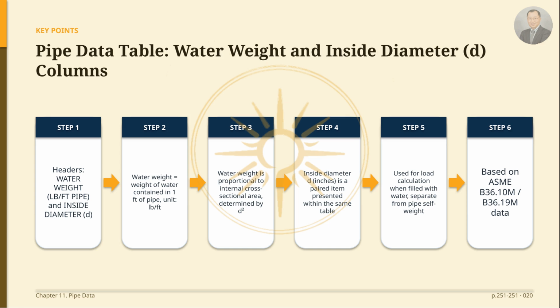Within the same table, the inside diameter d is presented in inches as a pair with this water weight. Water weight is separate from the pipe's own dead weight and is used to calculate the load when the pipe is completely filled with water. All these values are extracted from ASME B36.10 and B36.19 data.